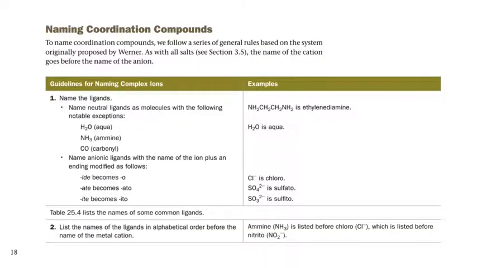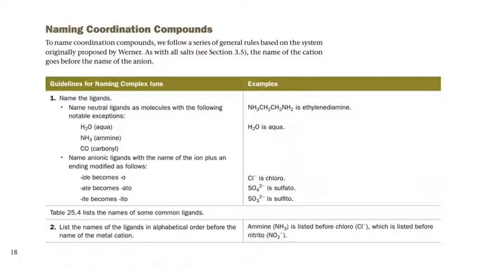So how do we name these things? This is a system originally proposed by Werner, and it's just a set of general rules. You guys have gotten this far. You can do this too. It's not that bad. So you name the ligands.